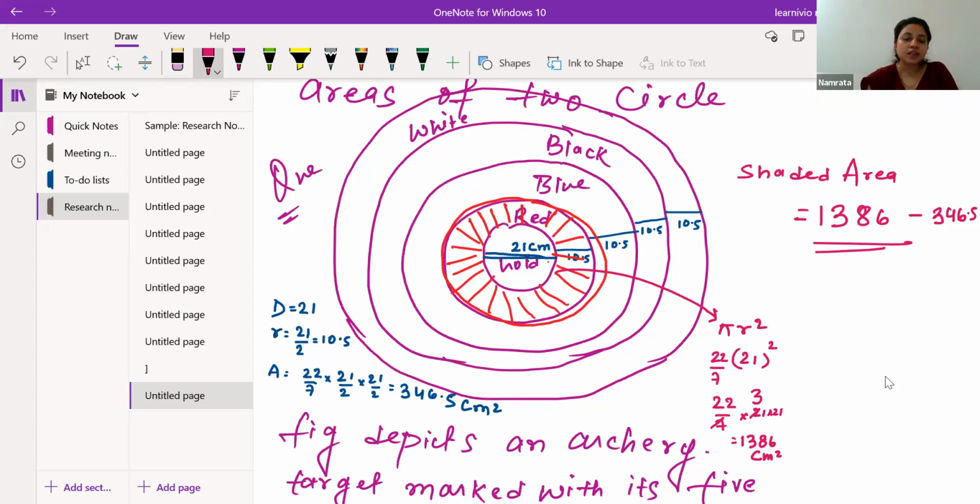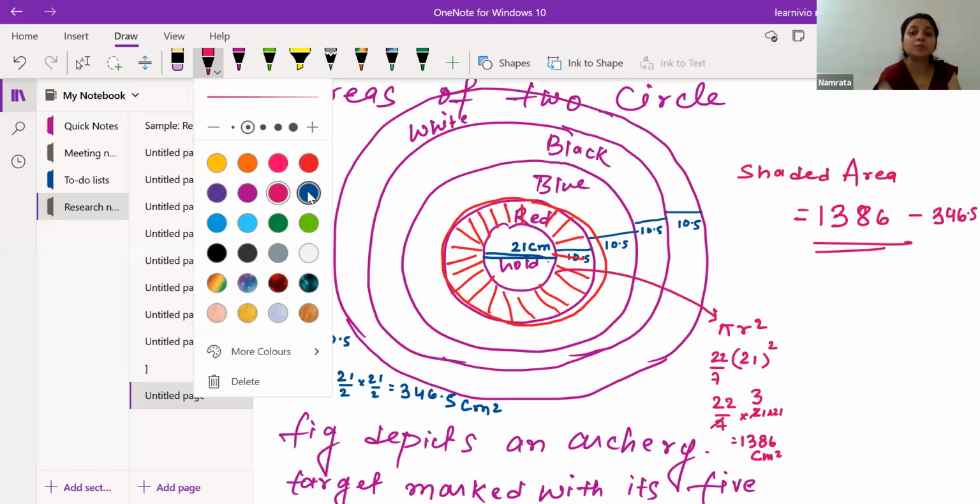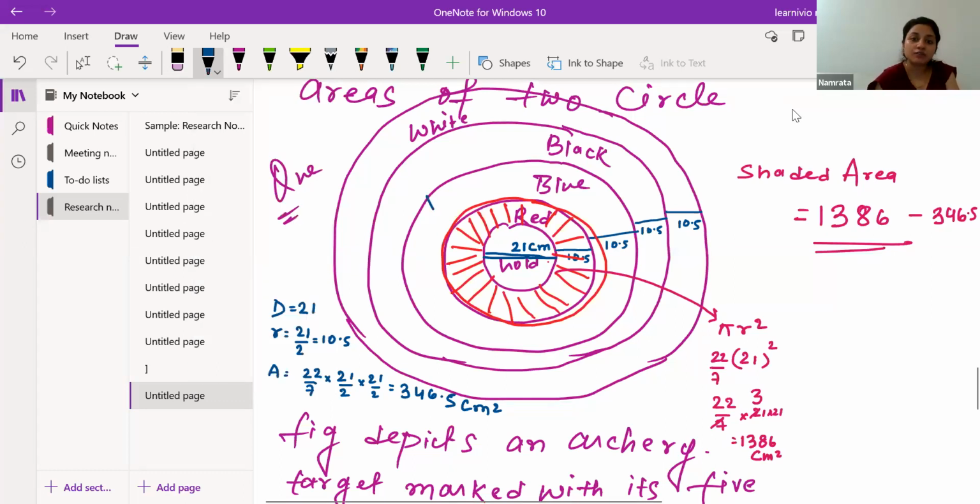Yes, ma'am. Now if we focus on the blue one's area. Okay, once we are focusing on the blue one's area, again here we don't have to find the total area of the bigger blue circle. We just have to find this much area, this much only. So what we will do, we will focus on this bigger circle from where I am drawing the shades. This bigger circle we will take and we will find that area.